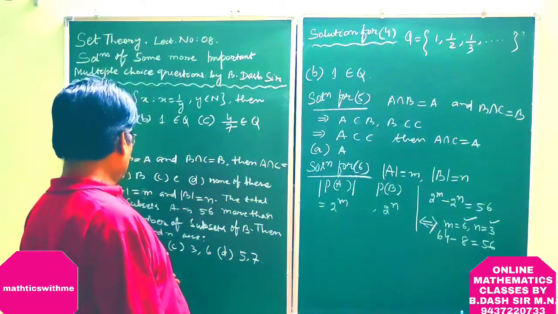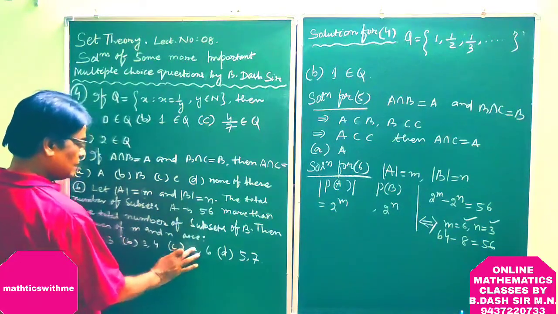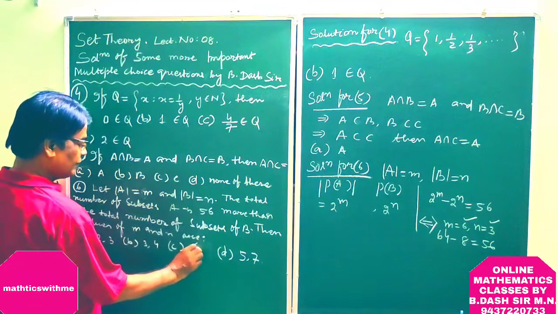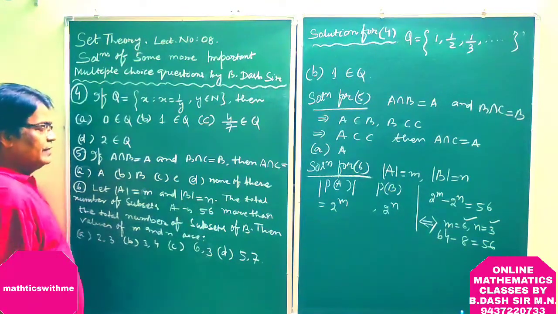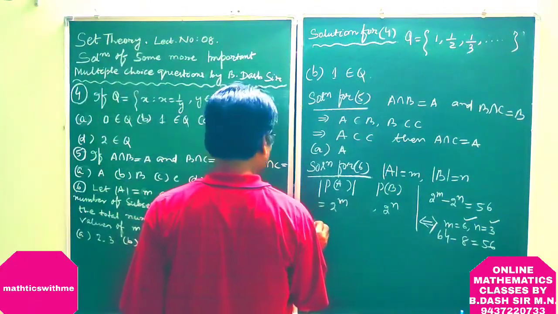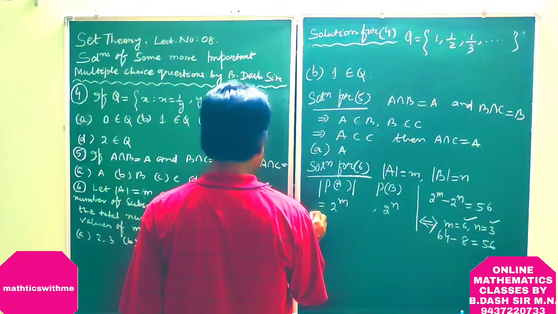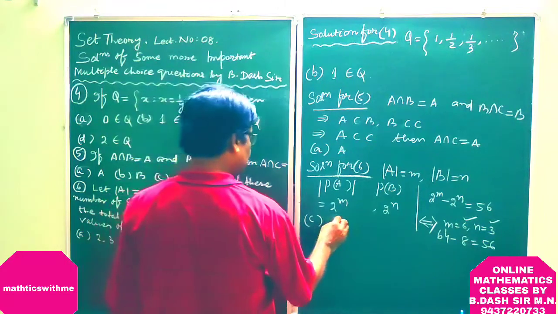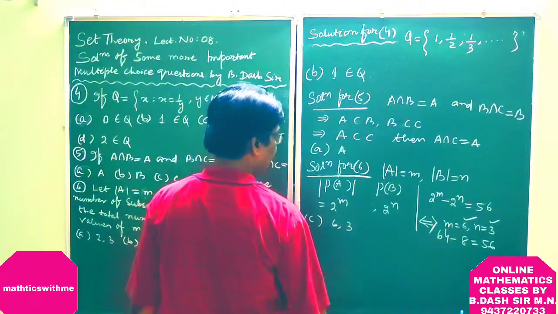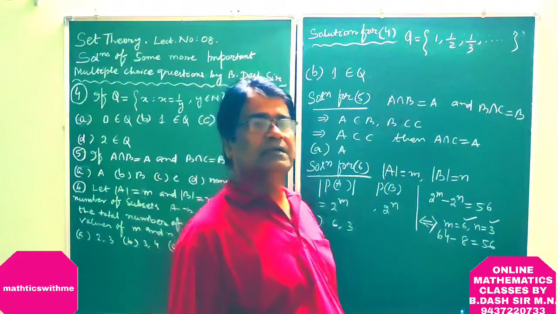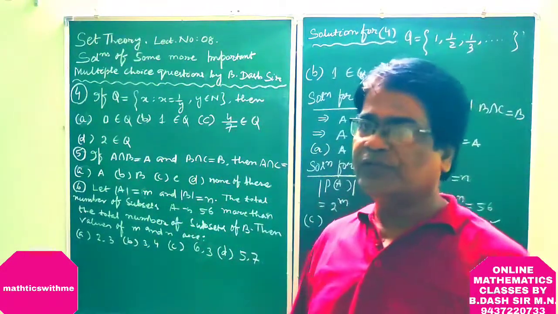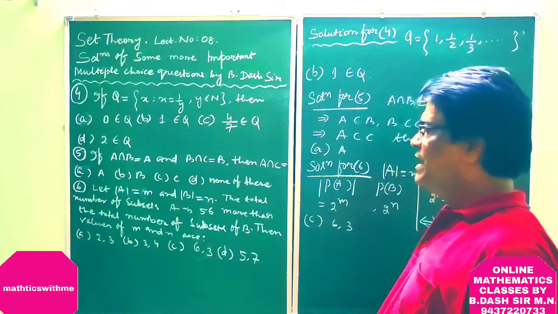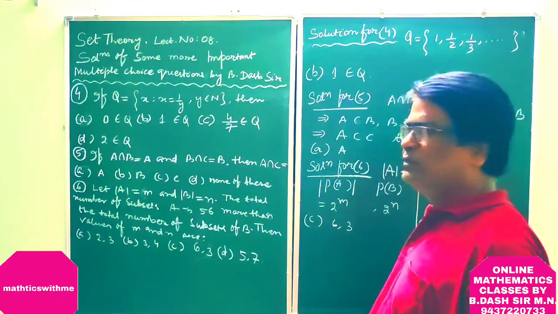So here the answer should be like this, 6 and 3. Therefore, the answer for number 6 is option C, that is 6 and 3. So we get the solution for question number 6.